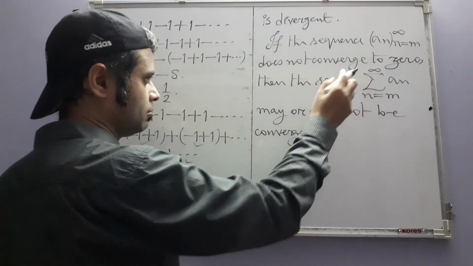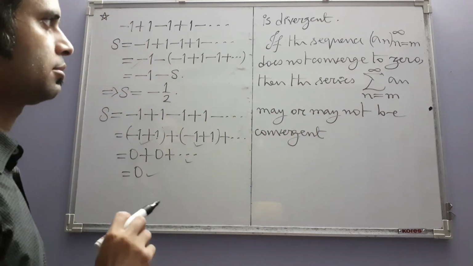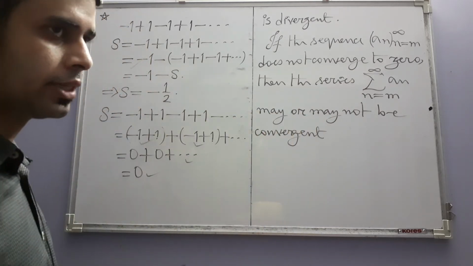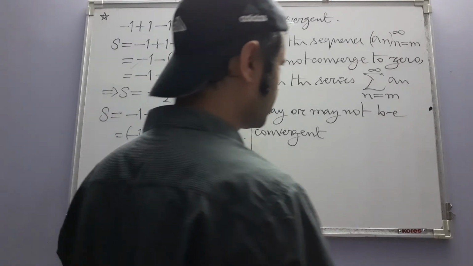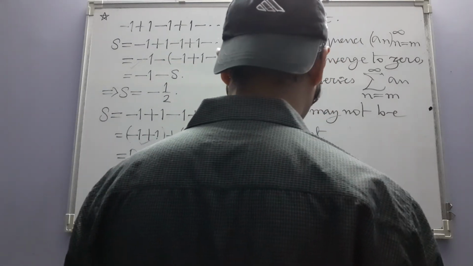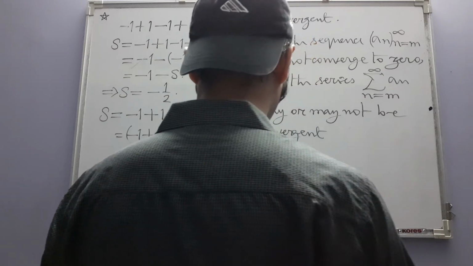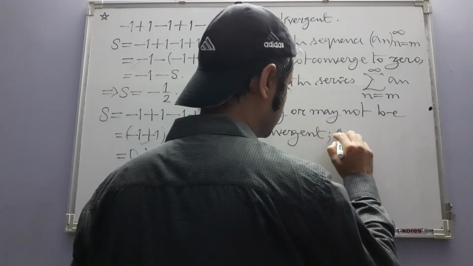Simply the limit of this sequence not being 0, that fact alone would not decide anything. So the situation will depend on the specific series itself. It depends on the series.